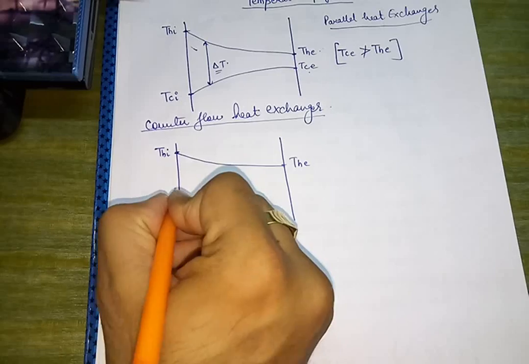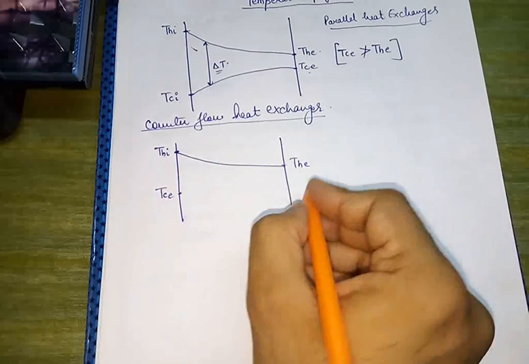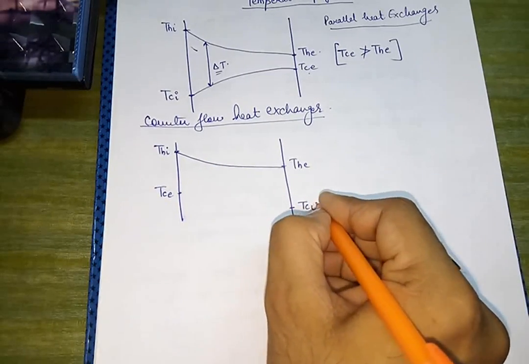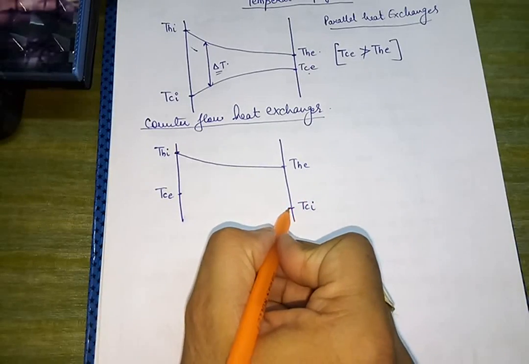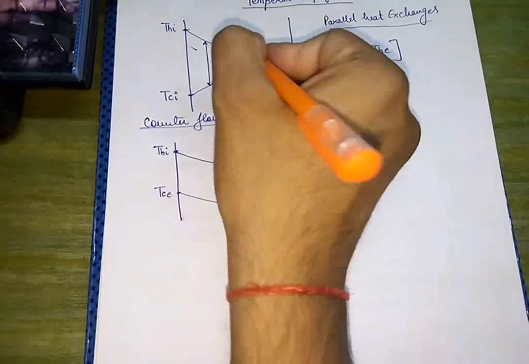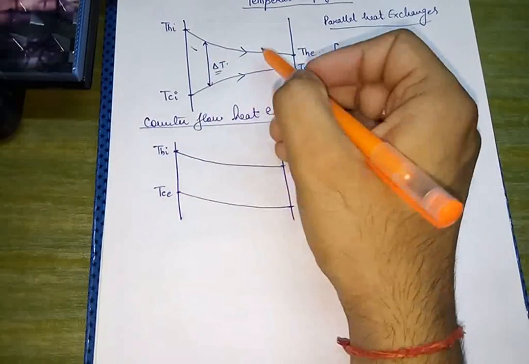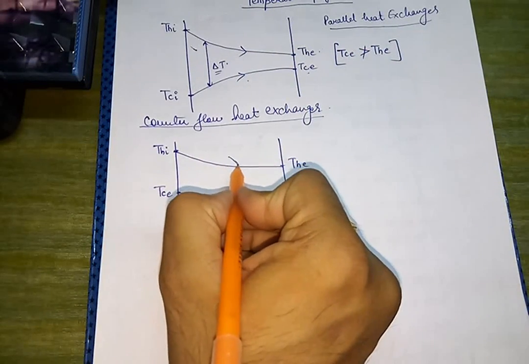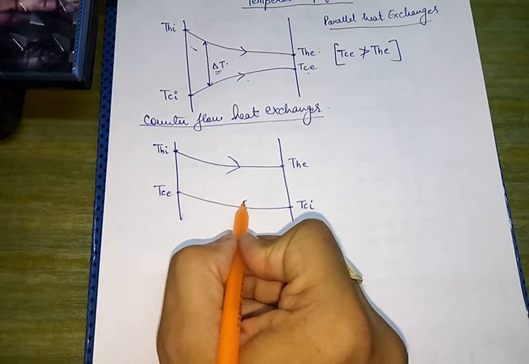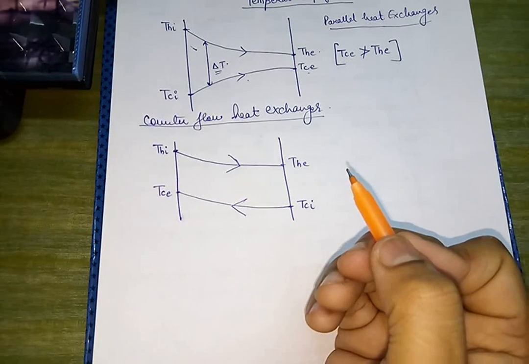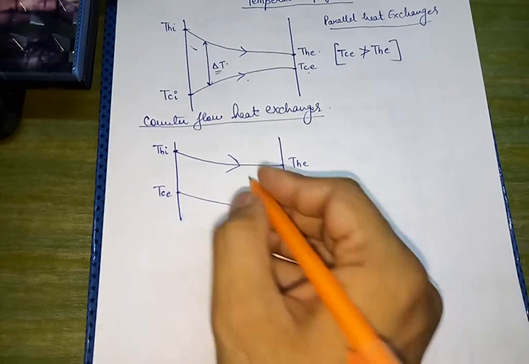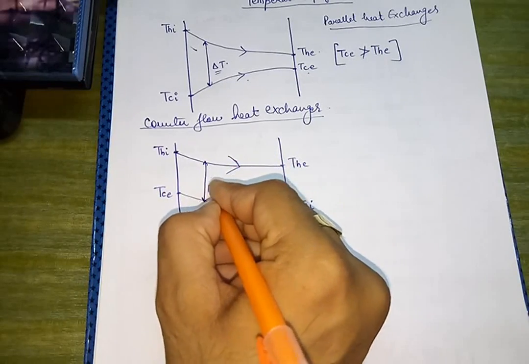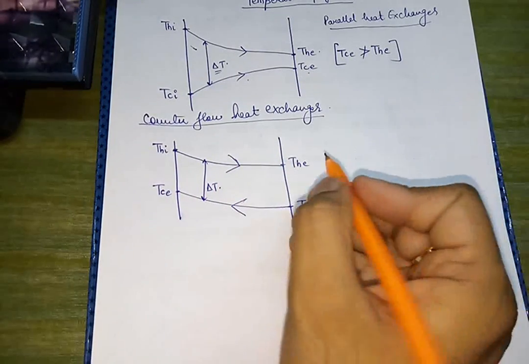Now we have temperature of the cold fluid at exit and temperature of the cold fluid at inlet. It will be like this. In the above diagram, the direction of both the fluids was same, but now here the direction of the hot fluid is like this and the direction of the cold fluid will be opposite to it. This becomes the delta T, that is the temperature difference.